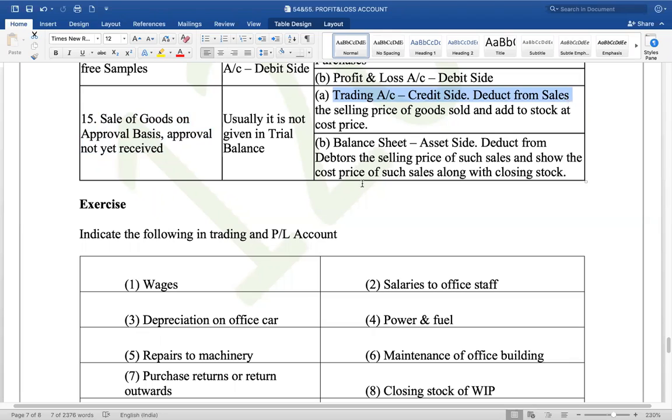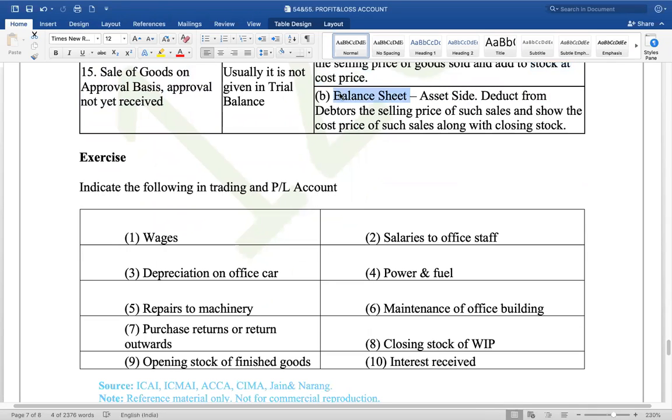Remember that you will take that at cost price. The same is taken on the balance sheet on the asset side as a deduction from the debtors, at the selling price of such sales, and show the cost price of such sales along with the closing stock.